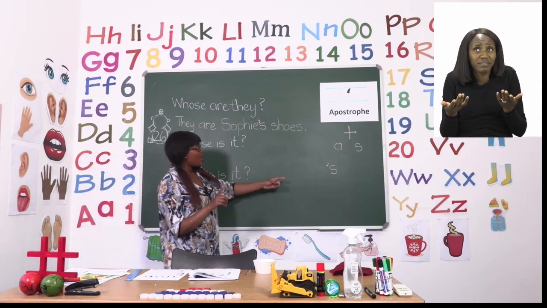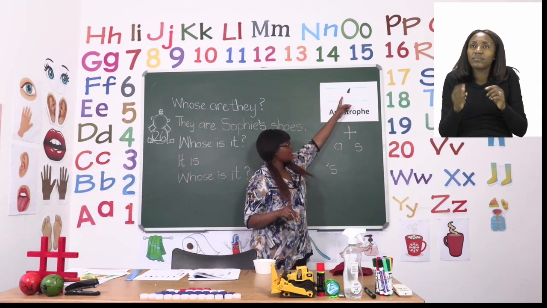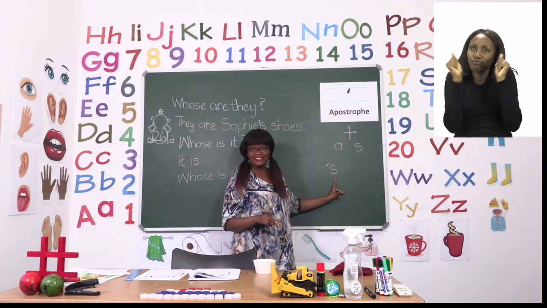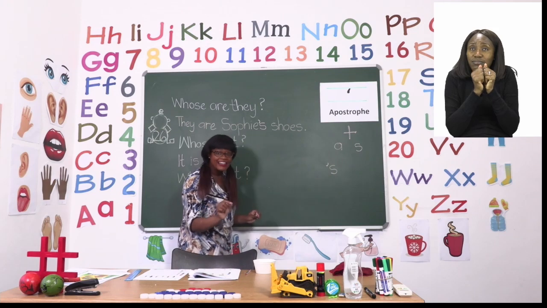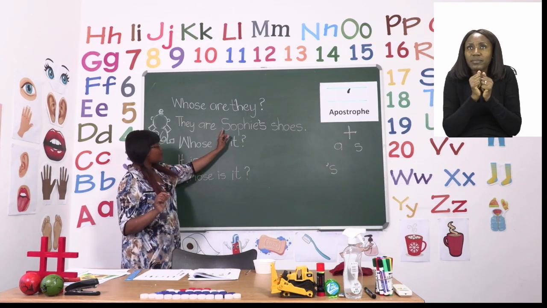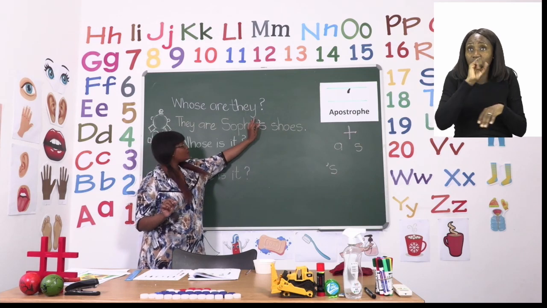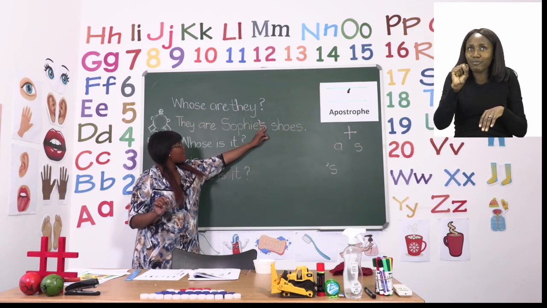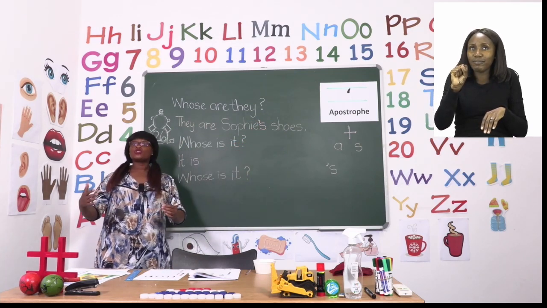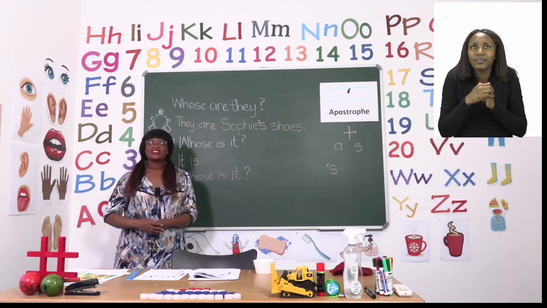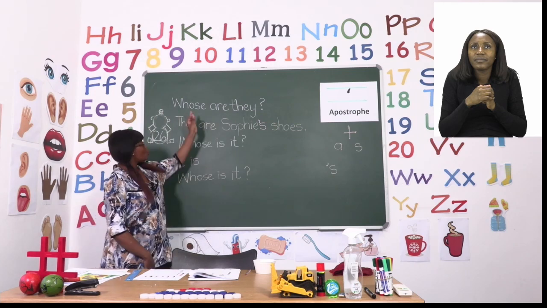Well, we take our apostrophe and our S and put them together like this behind someone's name, like we have done here, Sophie's. So we've put our apostrophe and our S to show that the shoes belong to Sophie. Now we have answered the question they asked.